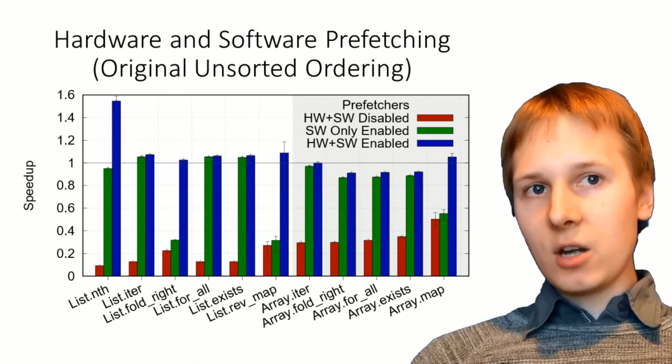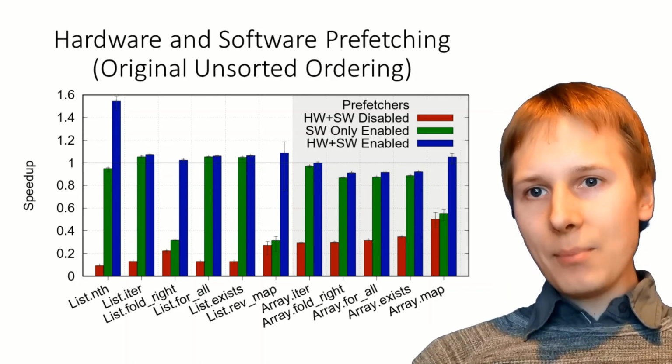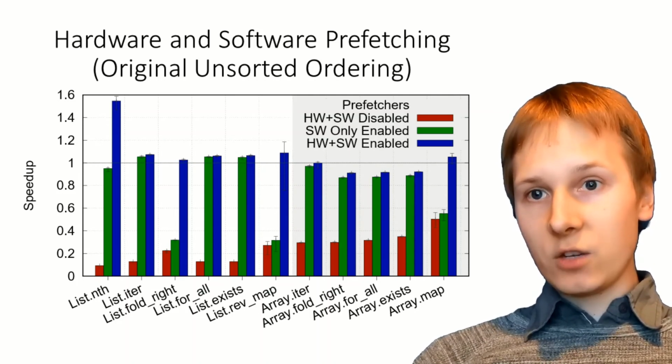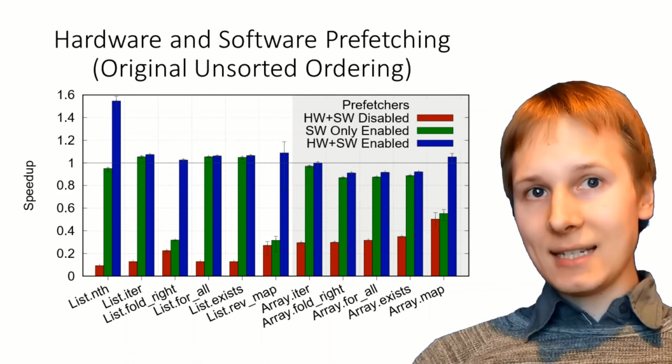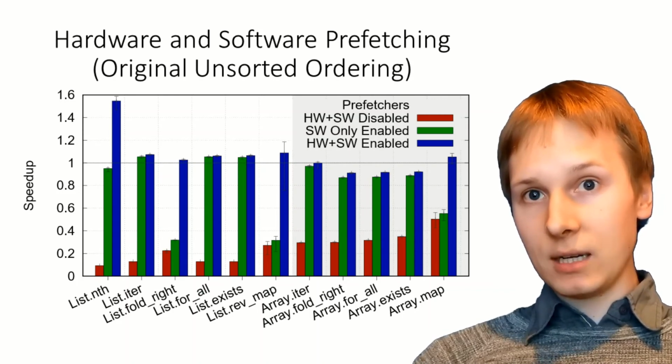We see that having no prefetching at all drastically hits performance. Perhaps surprisingly, the hardware prefetcher is even more important for the list-based workloads than it is for the array-based workloads, even though the hardware prefetcher is designed to pick up the regular patterns exhibited by arrays and dense matrices.